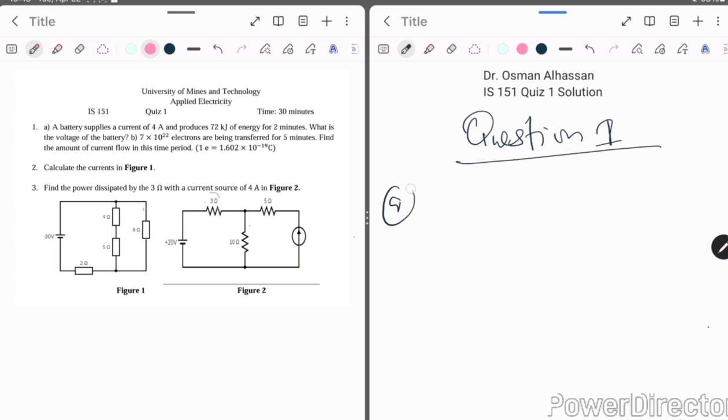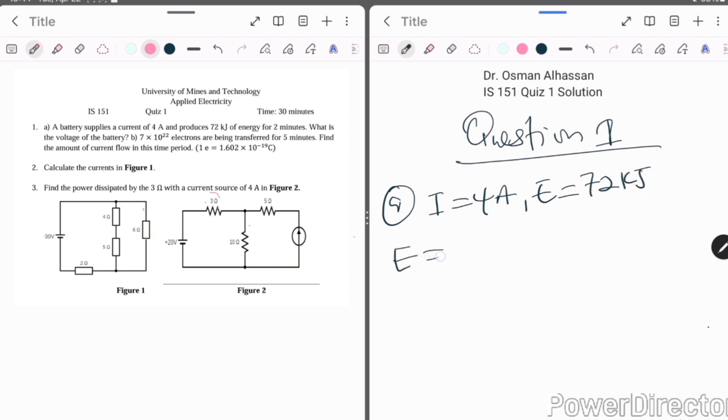We start by writing the values of the parameters given in the question. We are given current to be equal to 4 amps. We are also given energy to be equal to 72 kilojoules.